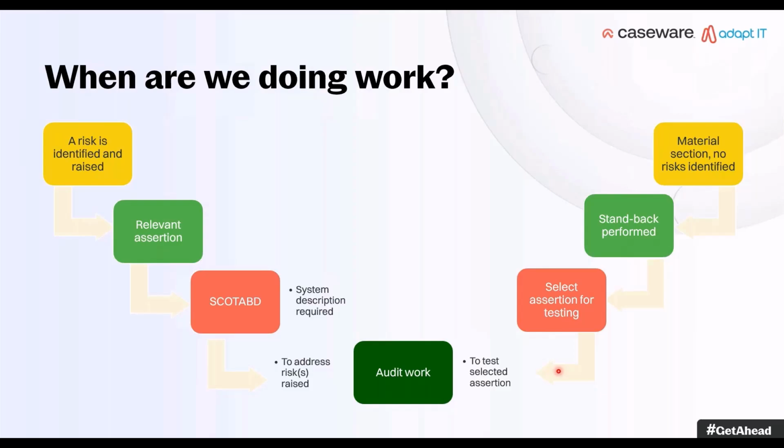We're probably going to do a substantive analytical review, create expectations, or select material invoices, do a sample, something like that, to get to the point of saying I have tested the items in detail and I'm comfortable that there's no material misstatement. But I do not have to perform, identify, or document a system description. By all means, if you want to, you're welcome to do that, but the standard does not require it. That's also why the software does not prompt you or require you to do that at all.